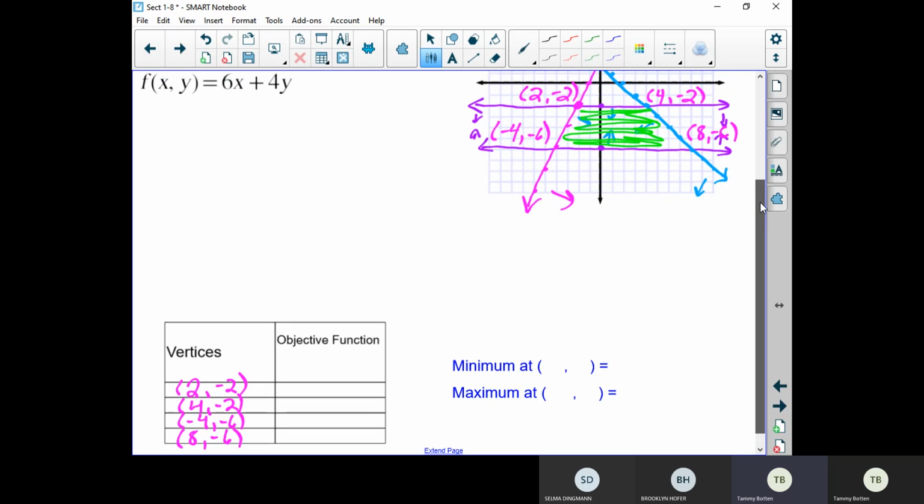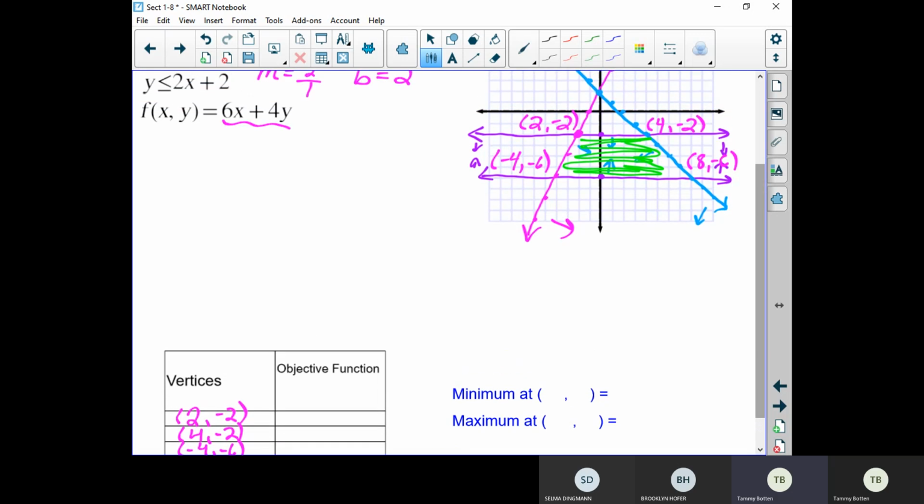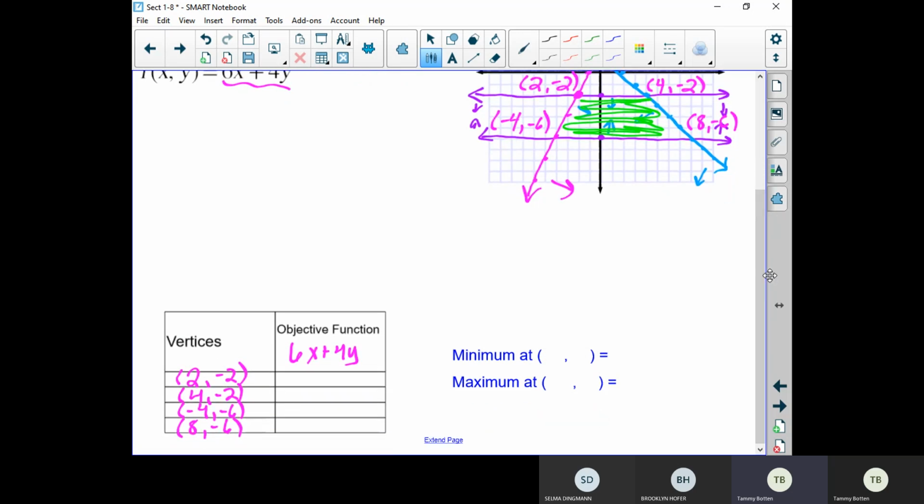Okay, and our objective function is right here, 6x plus 4y. So I just have to substitute that in. Now 2 times 6 plus 4 times a -2 is 12 plus a -8, which is 4.